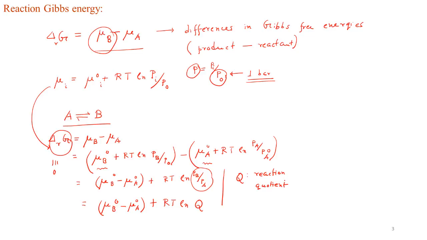So Q, at this moment, is the ratio of the pressure of the products divided by the reactants. But we will see what happens if I have stoichiometric numbers which are not equal to 1. We'll discuss the more general case.